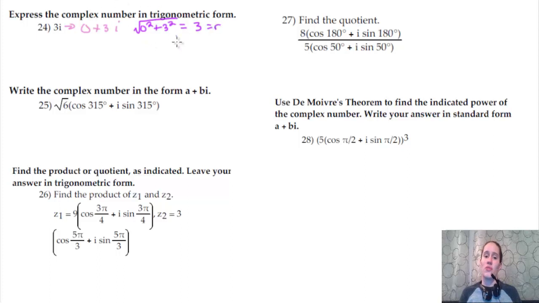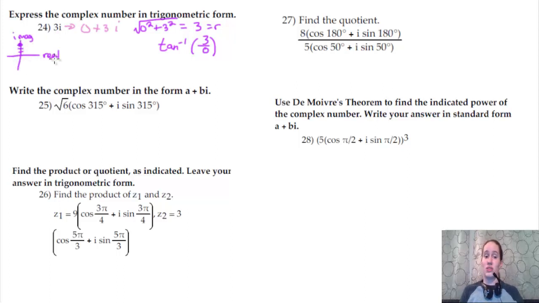And then when we try to do the inverse tangent of b over a to figure out what the angle is, we run into a problem, which is why almost no matter what, I would say, it is really helpful to graph this in the complex plane. Remember, this is our real axis and this is our imaginary axis, and so 3i does not go anywhere on the real axis, it just goes up 3.